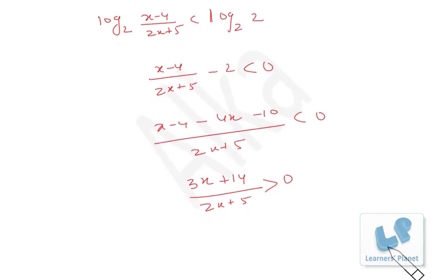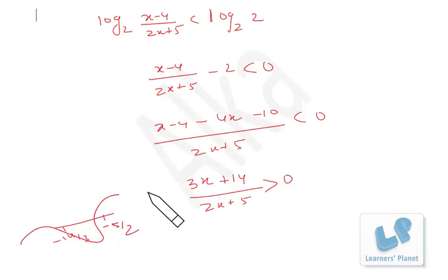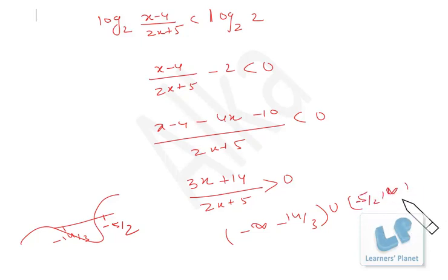So it's minus 14 by 3, and here it is minus 5 by 2. So x should be from minus 5 by 2 to infinity, or minus infinity to minus 14 by 3. Okay. None of them is included. Right?